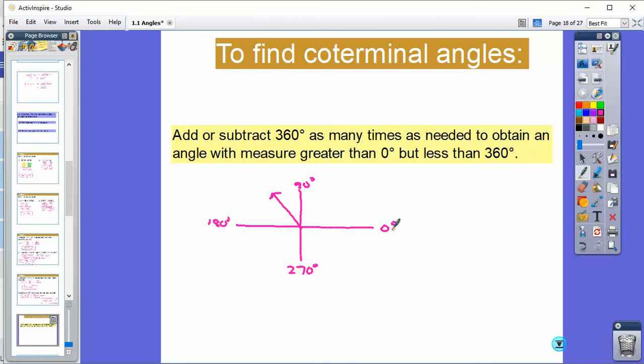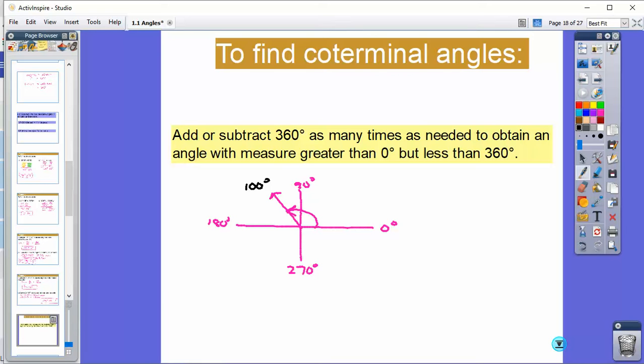This would be 360 if you keep adding 90. Are you okay with that part? So if I drew this angle right here, that angle would have a measurement, let's say approximately 100 degrees.